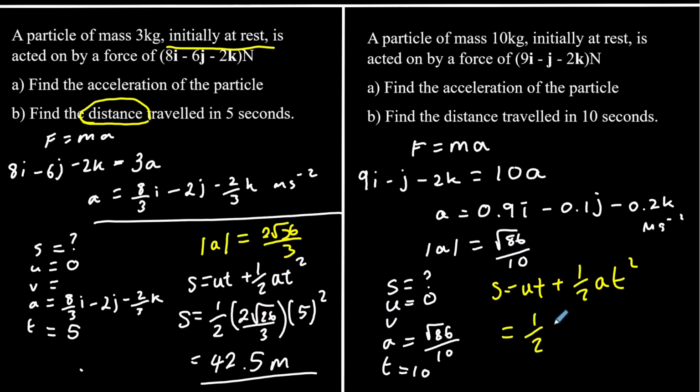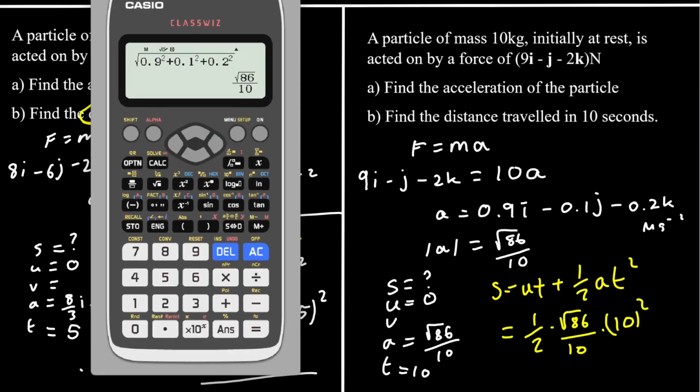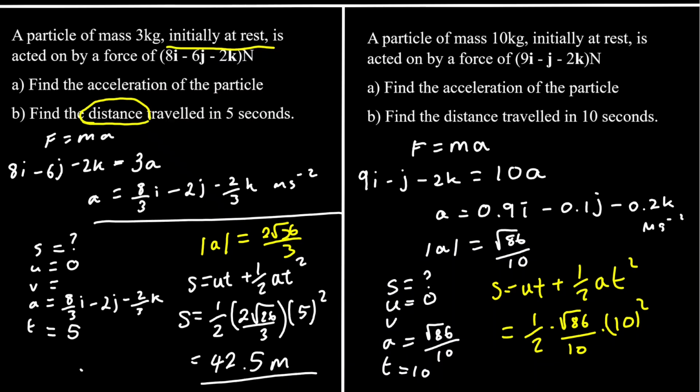So s equals half times root 86 over 10 times 10 squared, and we get 5 root 86 or 46.4. So 46.4 meters.